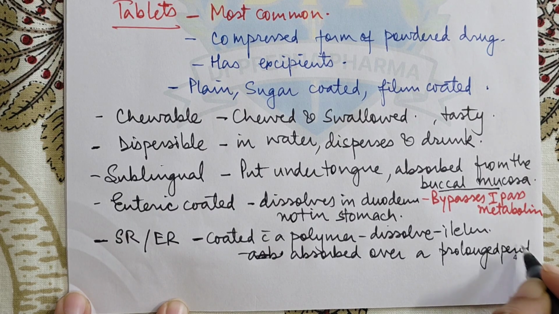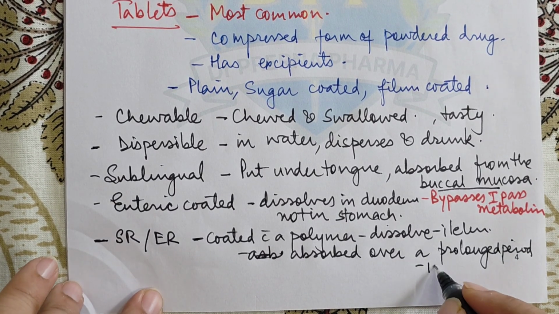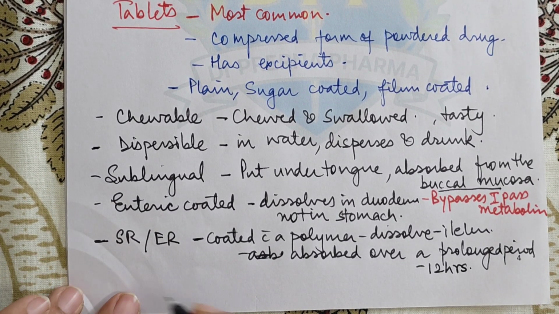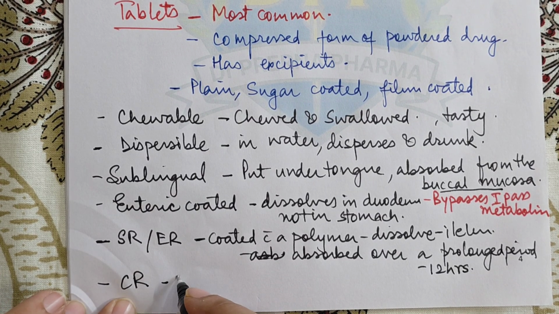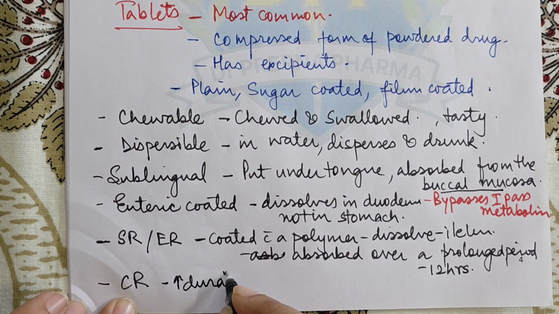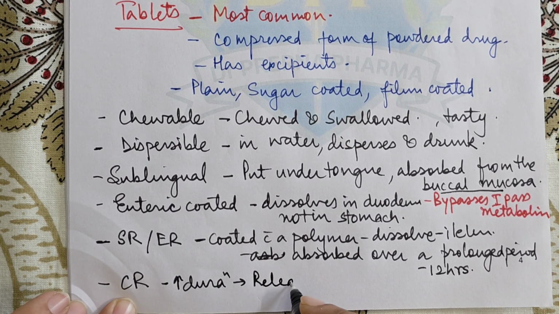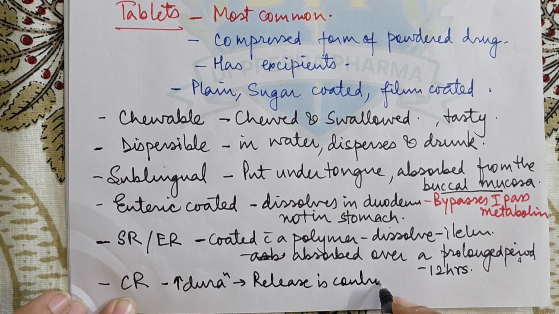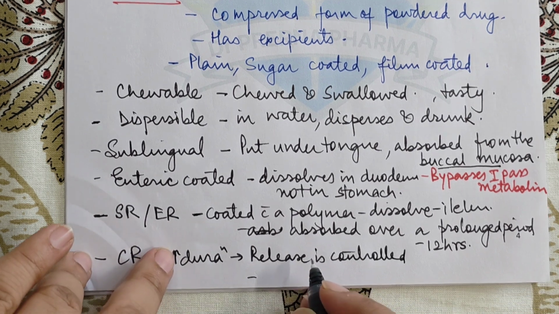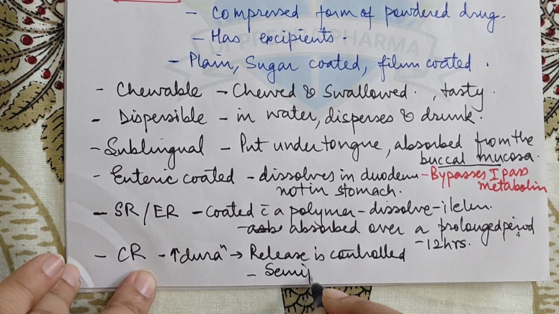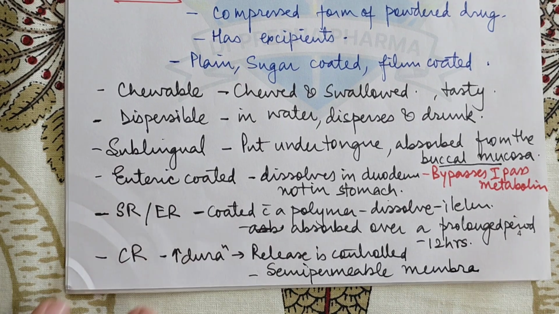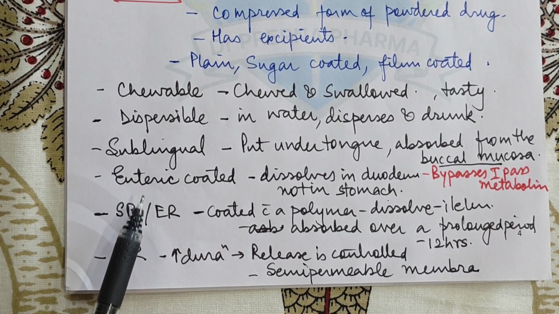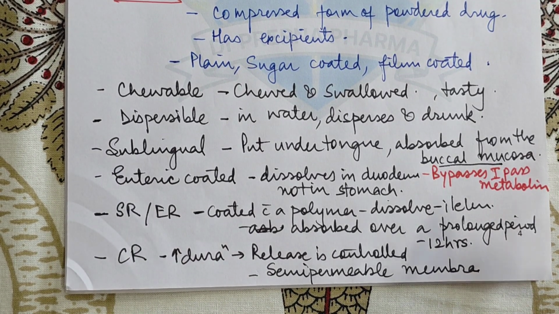So it does not get absorbed immediately, and sometimes the absorption period can be as long as 12 hours also. Then we have controlled release tablet. Now controlled release tablet means, again, there's a prolongation of the duration of action, and the release is controlled. How is it controlled? It is controlled with a semi-permeable membrane. Okay. So we have chewable, dispersible, sublingual, enteric coated, sustained release or extended release, controlled release.